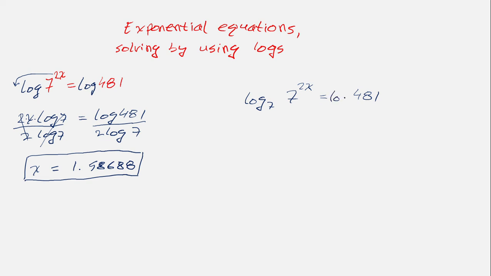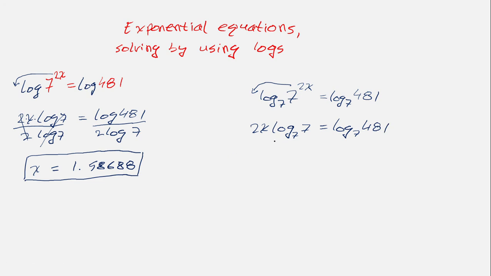And then log base 7 of that. Now we can still bring the exponent down, so we end up with 2x times log base 7 of 7 equal to log base 7 of 481.